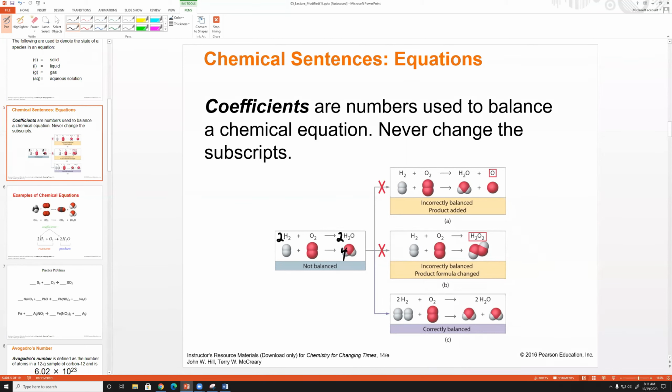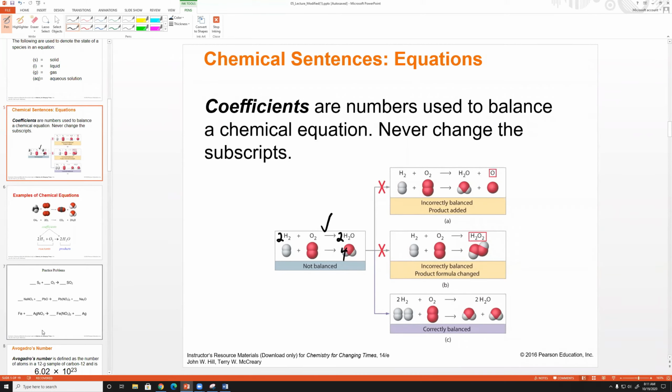You can always go back and check it over. You have 2H2, which is 4 hydrogens, 2H2O, that's 4 hydrogens, O2, 2H2O, so that's 2 oxygens. That's a completely balanced reaction. So this is how we're going to do it. Any questions on that?